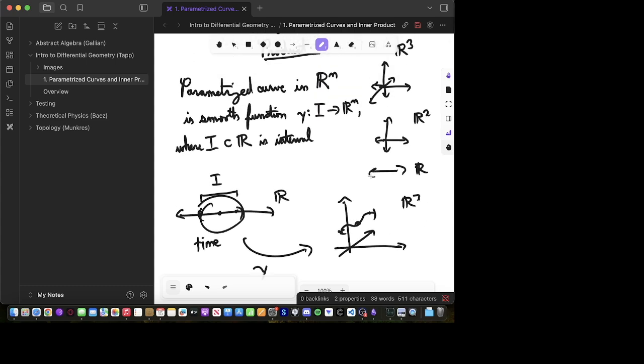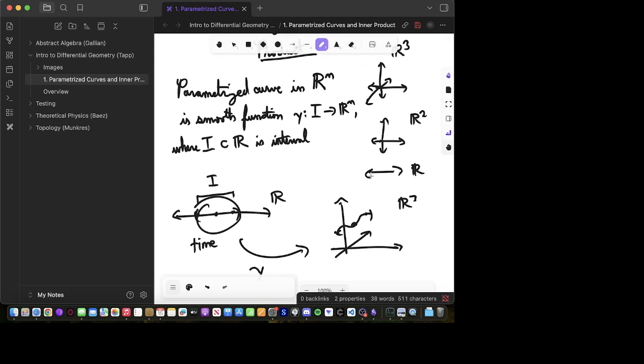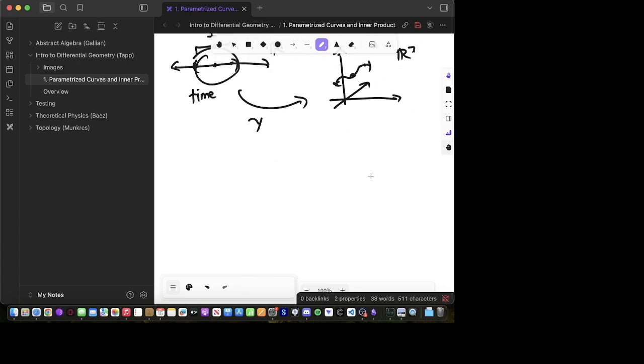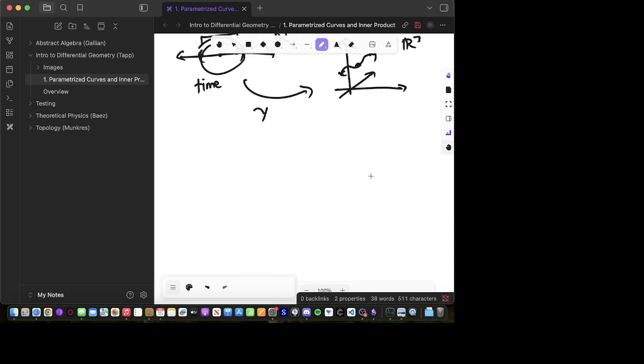So now that we have a basic definition of parametrized curves, let's talk about the derivative of a parametrized curve.